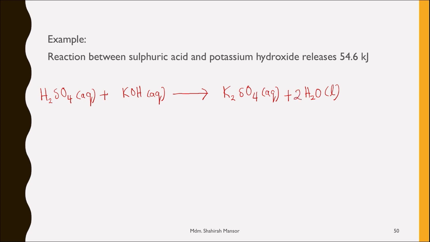Now, if you are about to write the thermochemical equation for this neutralization reaction, you have to bear in mind, according to our definition just now, this is the heat released when 1 mole of water is formed from the neutralization reaction between acid and base. So in order to have a correct thermochemical equation, you have to make sure this water is in 1 mole.